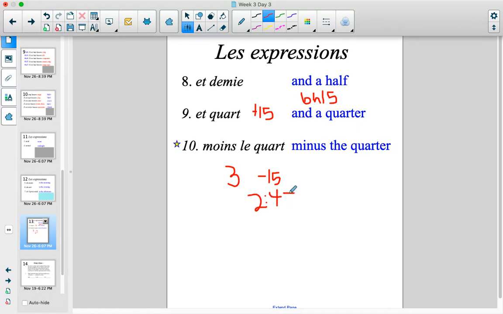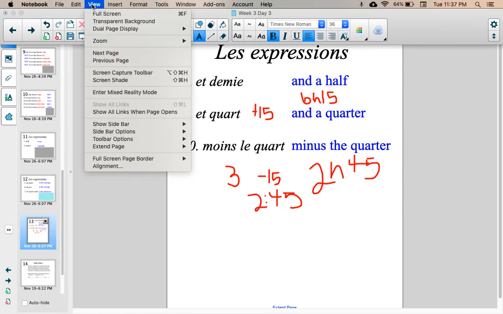In French, we would write it like this, 2h45. If you're saying moins le quart, you're subtracting 15 minutes from the number. But we'll carry on with that in a minute.